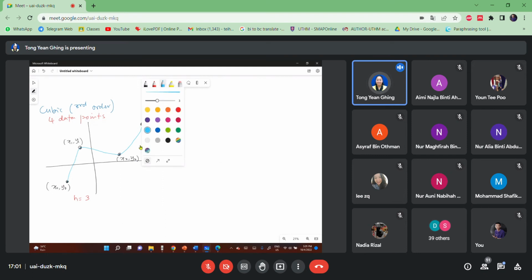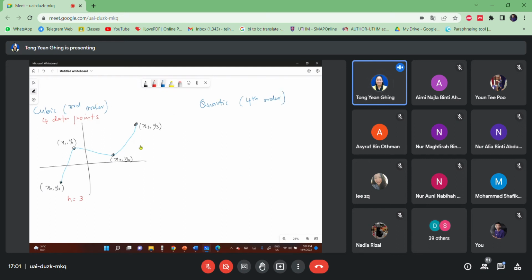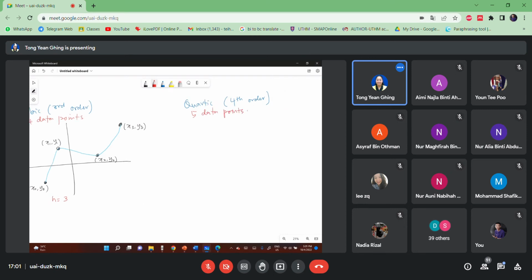Okay. Now let's say fourth order polynomial, call it quartic. Fourth order polynomial means we have 5 data points. So maybe the graph can be like this.